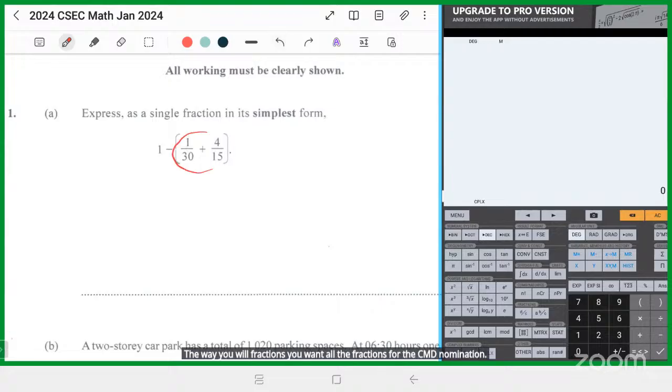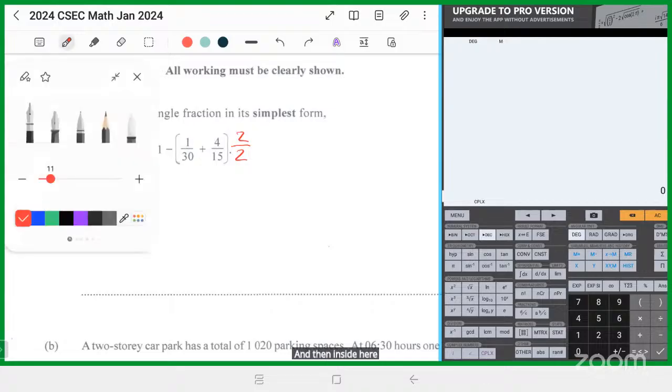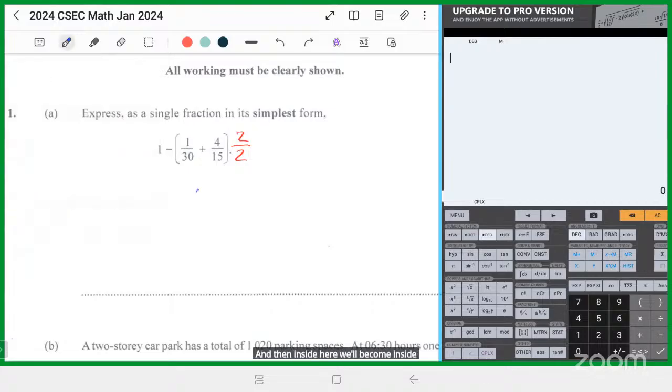So in the bracket, I want this denominator to become 30, so I multiply this fraction by 2 over 2, and inside here becomes 1 over 30 plus 8 over 30.